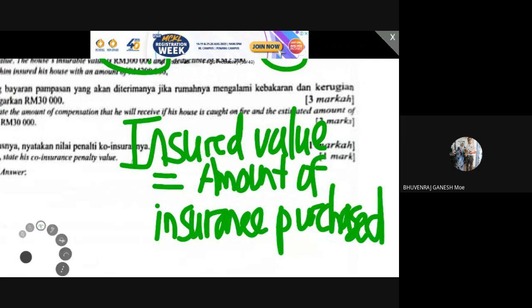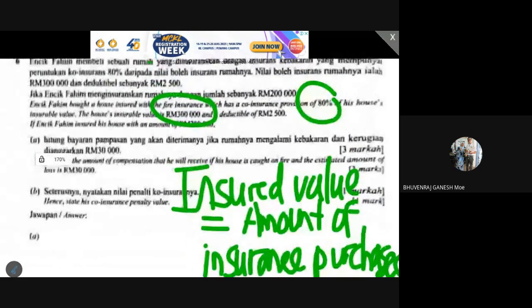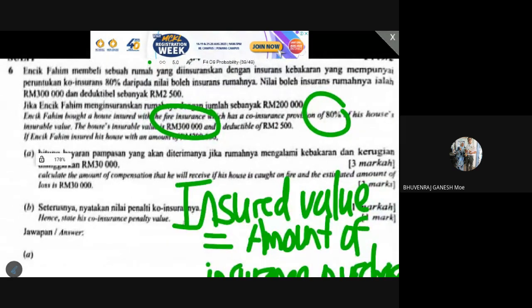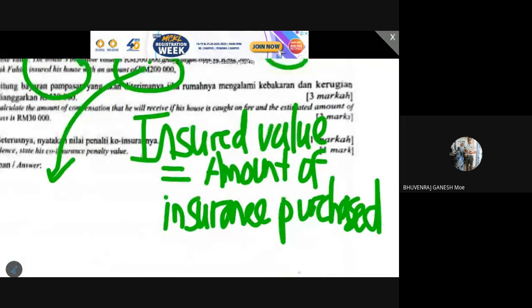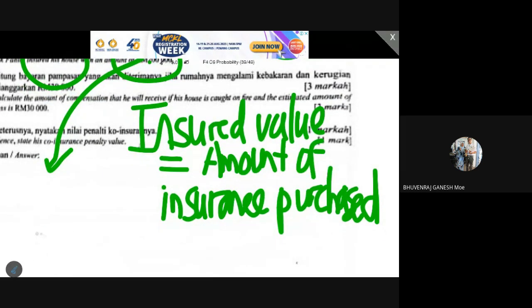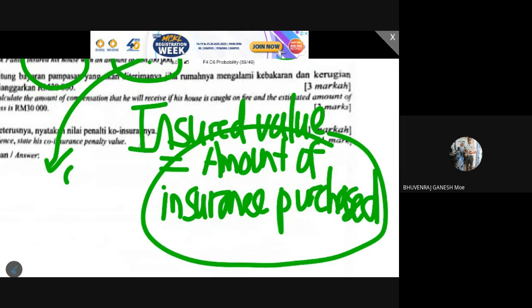Okay, so now you can see on top here, apa lagi info yang diberi? This nilai, kamu ada satu lagi info. Wait, let me wrap this. You see the nilai over here, 200,000. Insure this house with an amount of 200,000. Okay, this value is what, guys? Mewakili apa? If this one is the amount of insurance purchased, this value is what then?